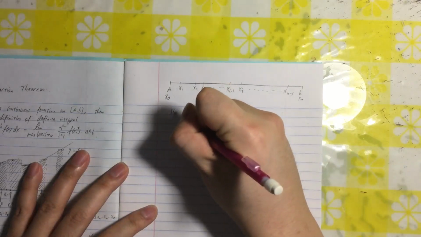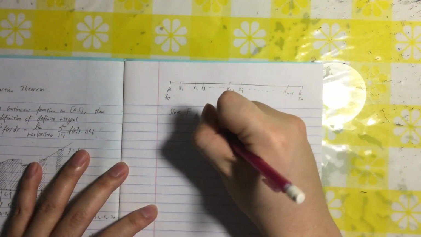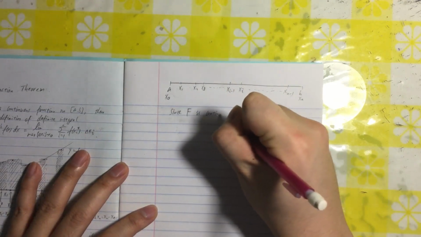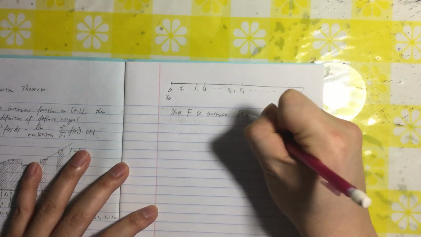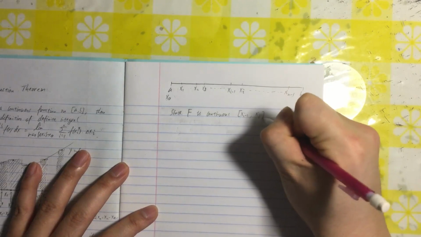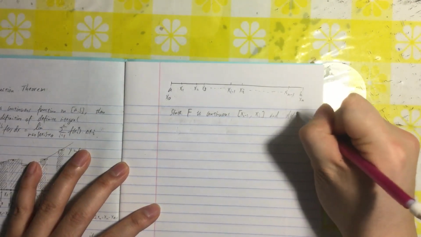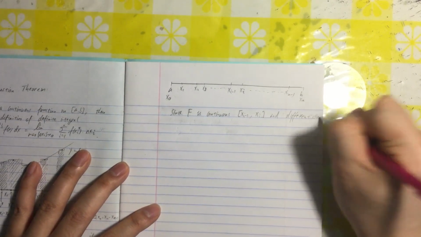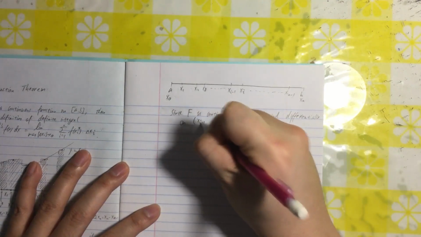Since big F is continuous and differentiable on each subinterval, since big F is continuous on the closed interval x_{i-1} to x_i and differentiable on the open interval from x_{i-1} to x_i.